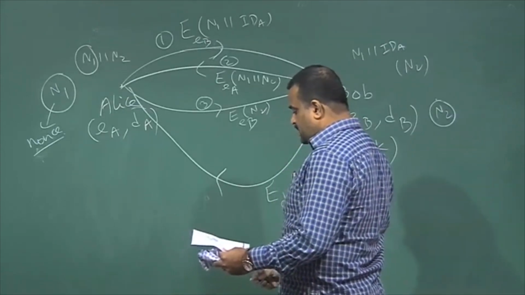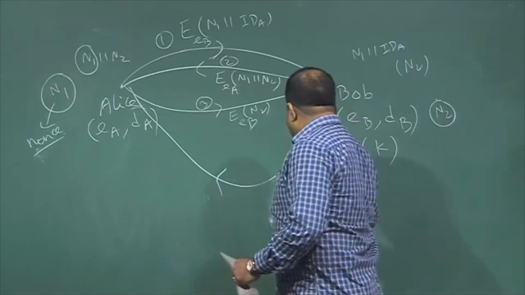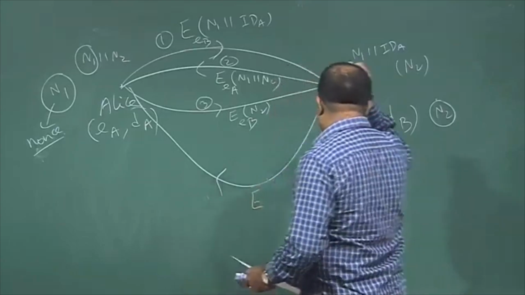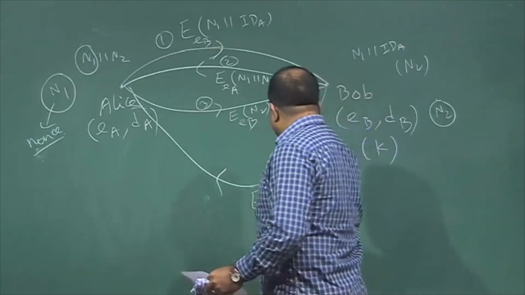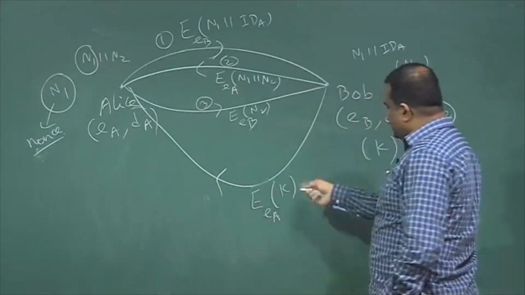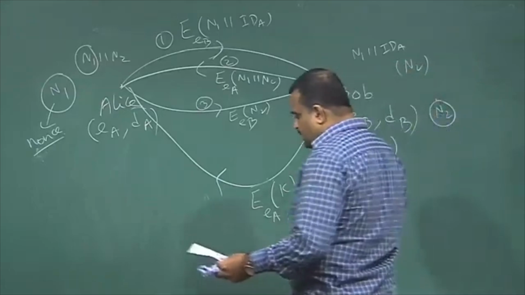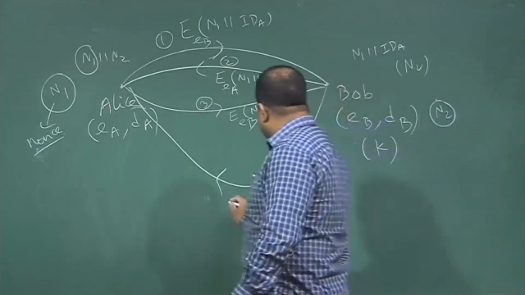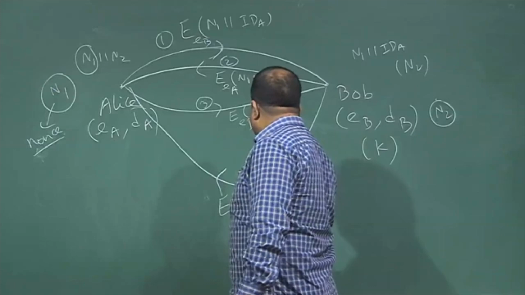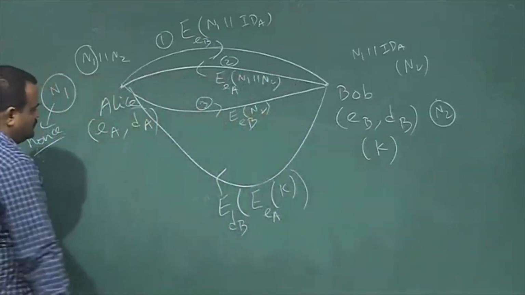Bob will first encrypt this using Alice's public key, so that it can only be decrypted by Alice, and then Bob will sign on this message. So this is another encryption on this using Bob's secret key, and this Bob will send to Alice. This is the final communication.